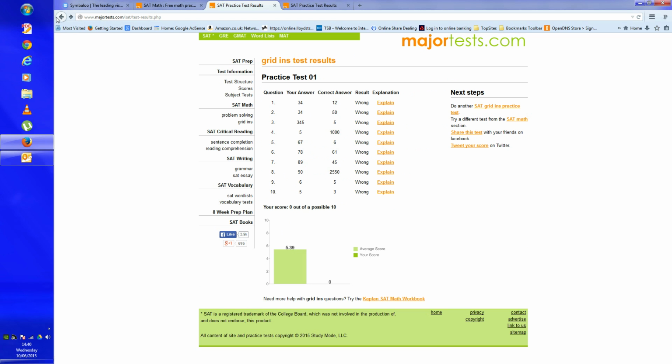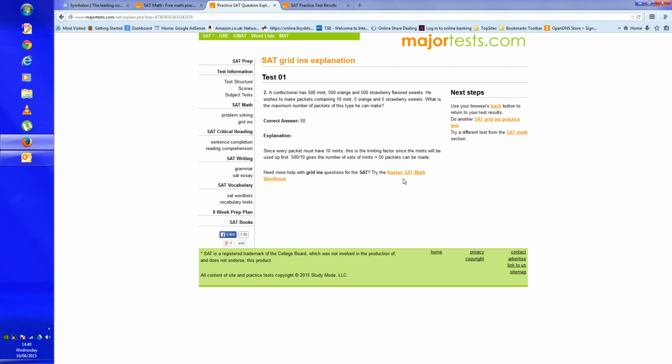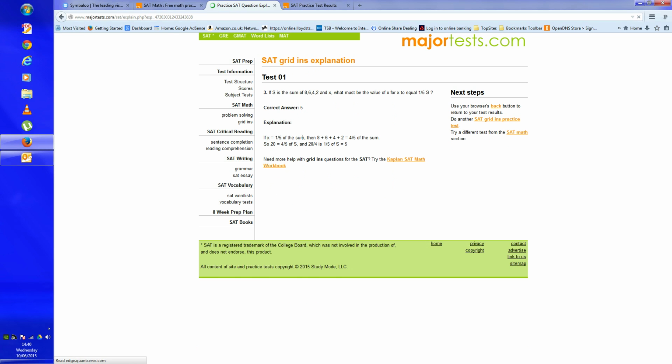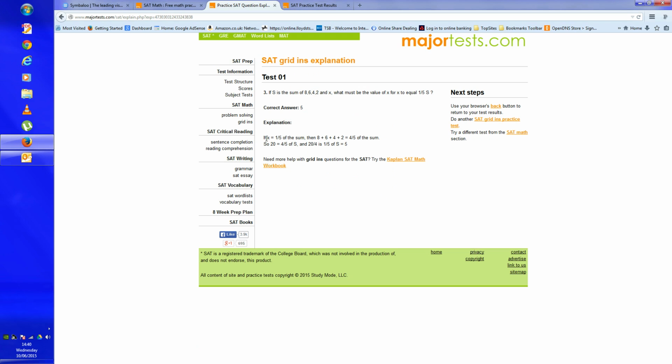I just pressed back on my browser to go back to the explanation for the next question. Again, go back, and let's have a look at number 3 again. There we go. If x is 1/5 of the sum, 1/5 S, then 8 plus 6 plus 4 plus 2 equals 4/5 of the sum. So 20 equals 4/5 of S, and 20 over 4 is 1/5 of S, which equals 5.